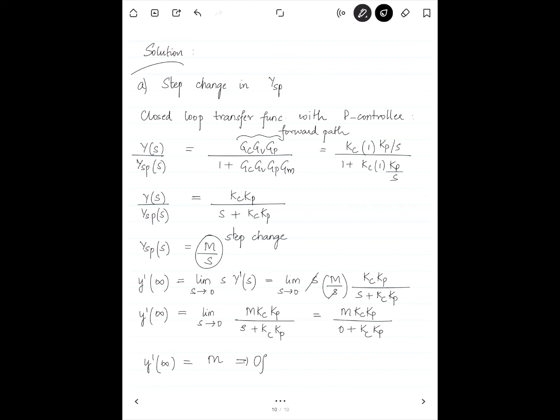So now to calculate the offset, we have offset equals y set point at infinity minus y at infinity. And so that is m minus m equals 0.